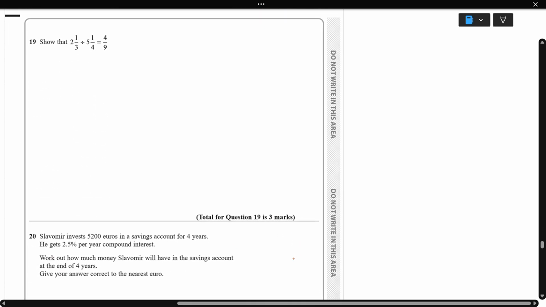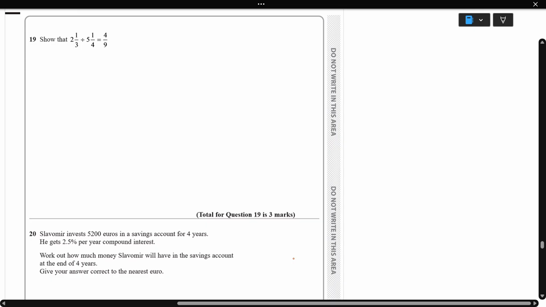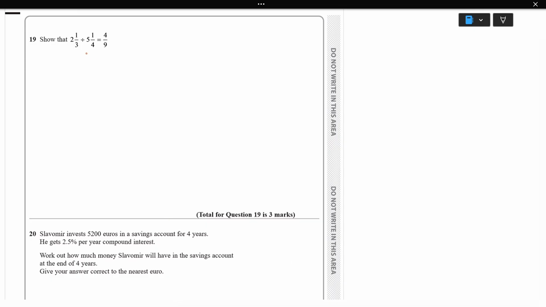Next, question 19. Show that 2 1/3 divided by 5 1/4 equals the right side. We'll take just the left side and we need to prove the right side. So the left side is 2 1/3 divided by 5 1/4. First I'll change into improper fractions. 3 times 2 is 6, 6 plus 1 is 7. So 7 by 3 divided by, 4 times 5 is 20, 20 plus 1 is 21, so 21 over 4.